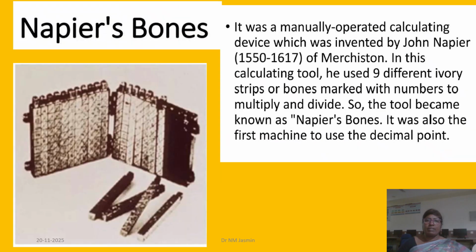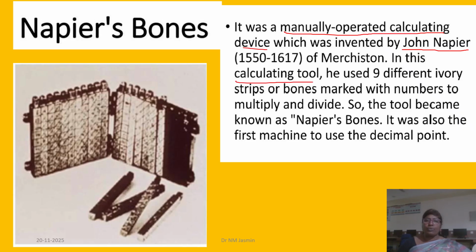The next is Napier's bones. It was a manually operated calculating device. This was invented by John Napier, who lived between 1550 and 1617, of Manchester.